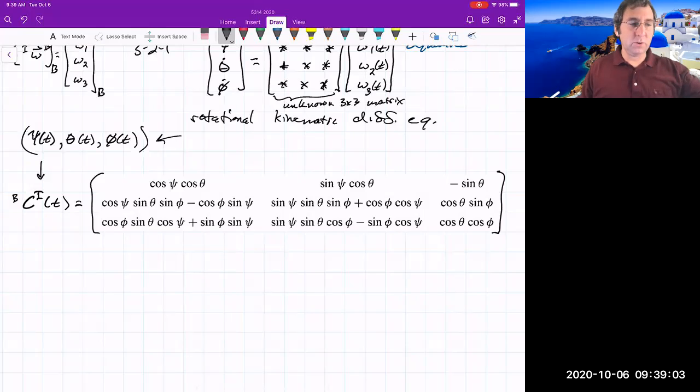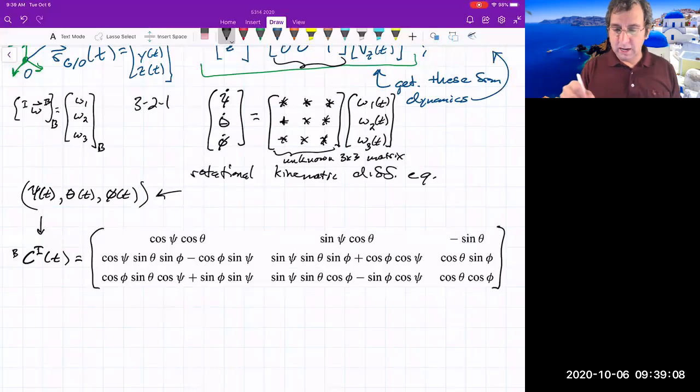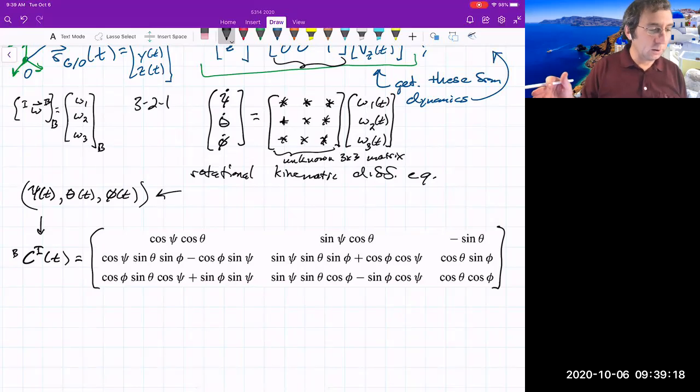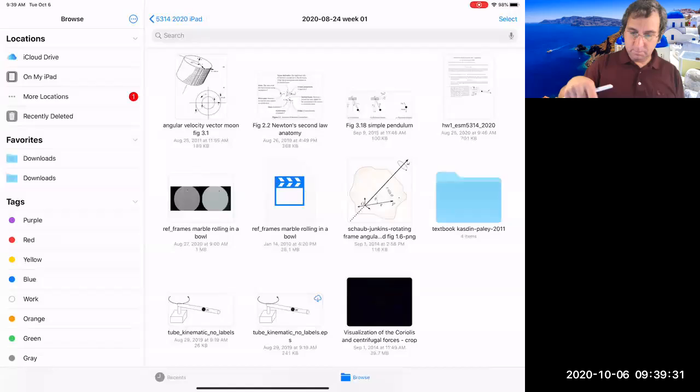Okay, so we're going to go through this exercise of finding this unknown rotational kinematic differential equation matrix for the case of the three Euler angles yaw, pitch, and roll, which, if you don't remember, let me show the video, I think I've got it somewhere.